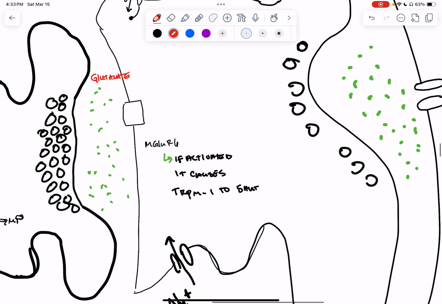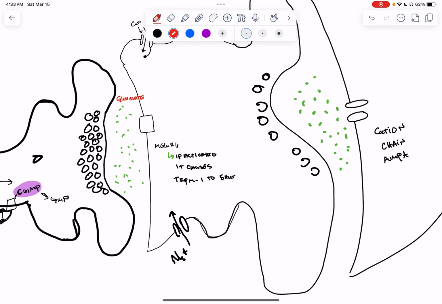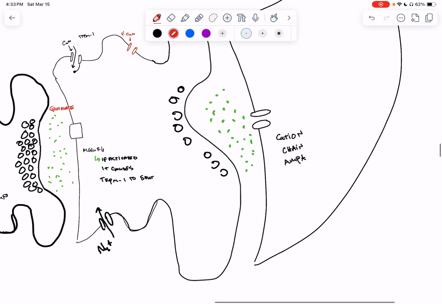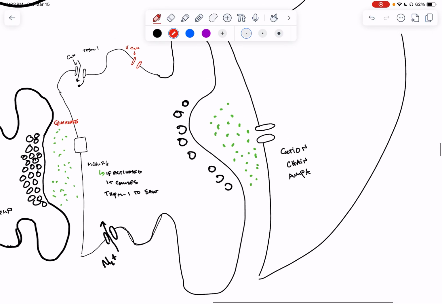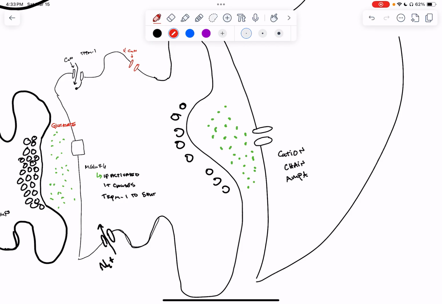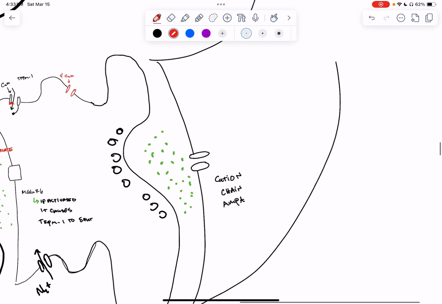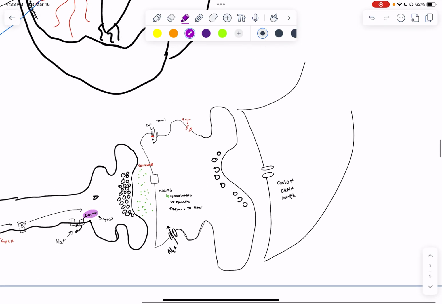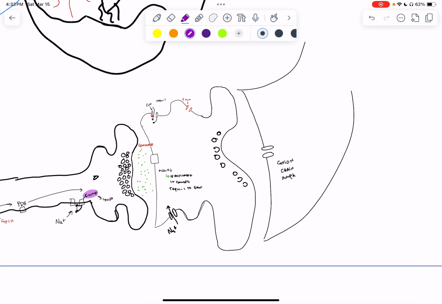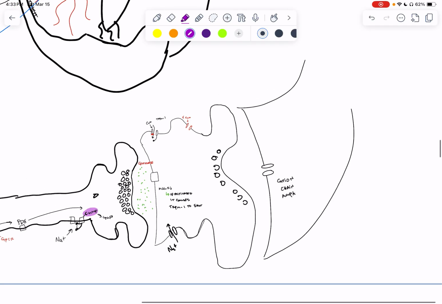So glutamate is released less, and what happens when it's released less is it causes these voltage gated calcium channels to close. And when the voltage gated calcium channels close, calcium is not able to bind to these vesicles, releasing more glutamate. So what you're actually going to see, even though this seems a little backwards, is that in the case of light, there are actually fewer action potentials released from this bipolar cell.